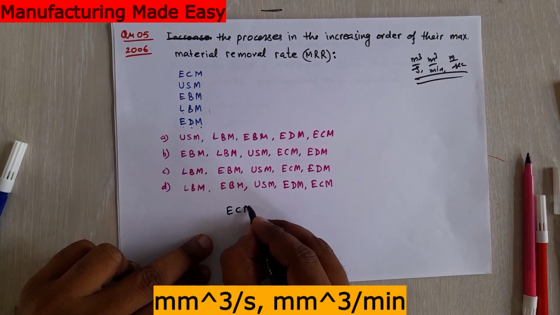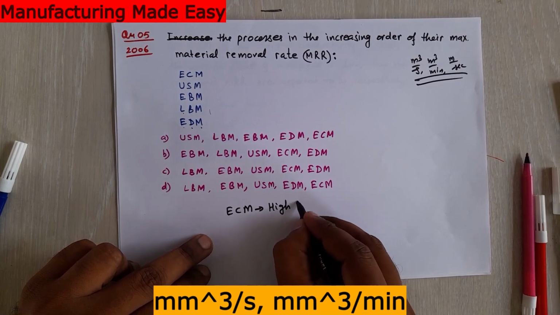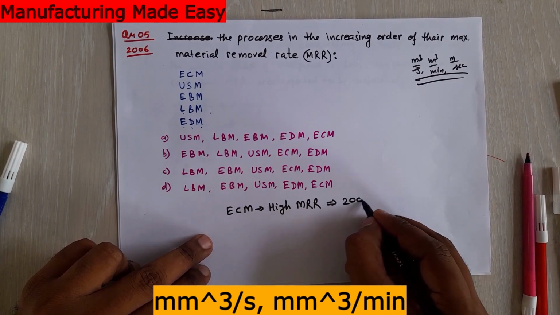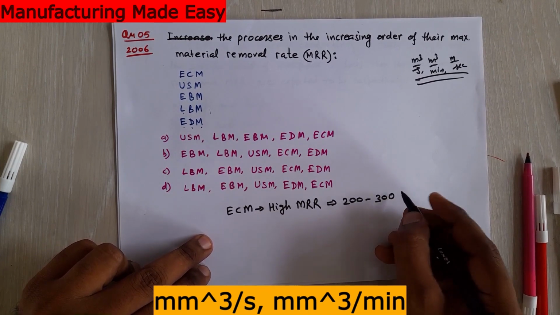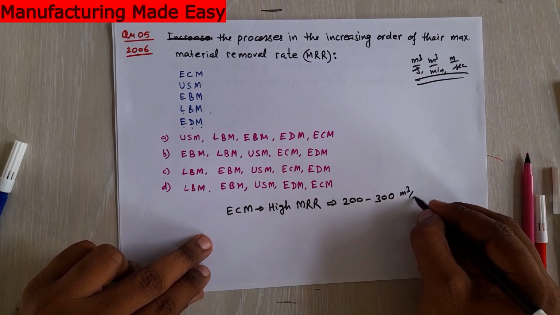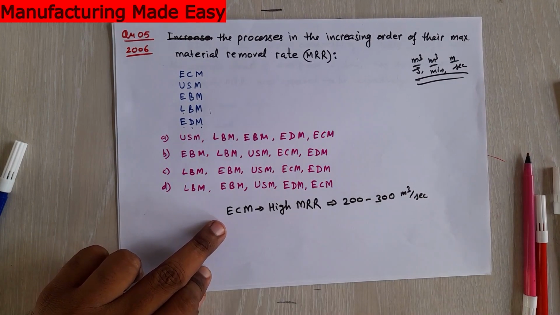Electrochemical machining, ECM, has high material removal rate, generally between 200 to 300 mm cube per second. ECM has a very high material removal rate.